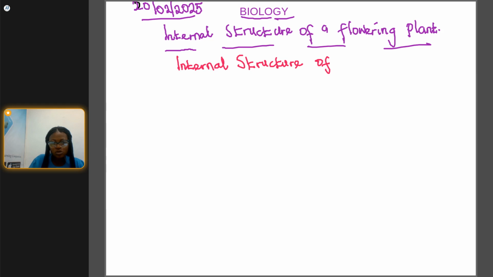The internal structure of a flowering plant is divided into three parts.